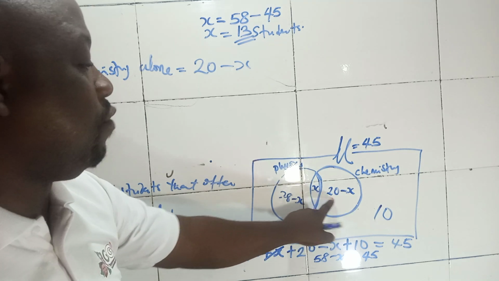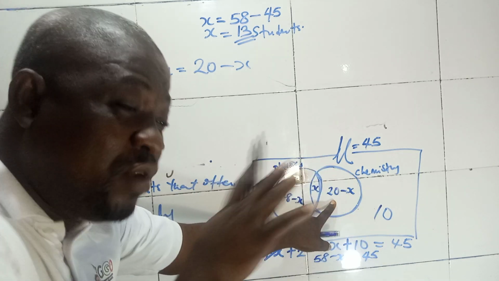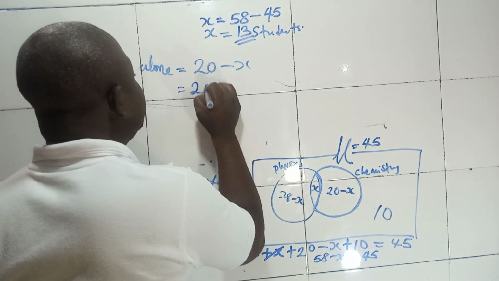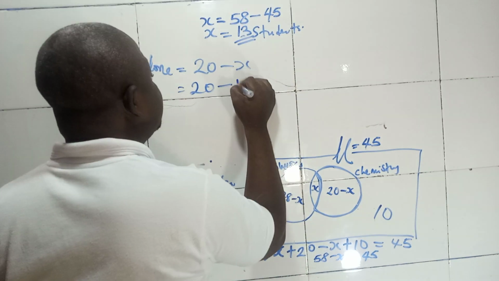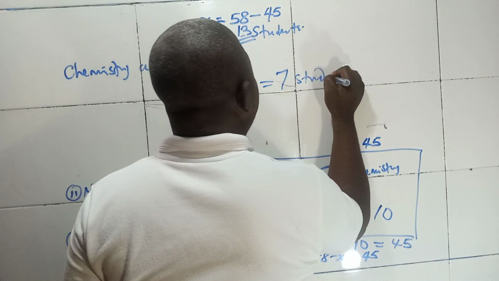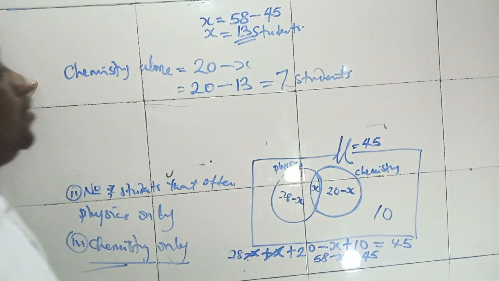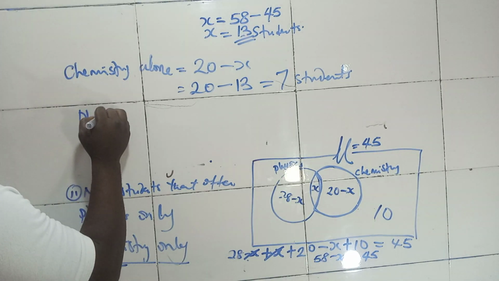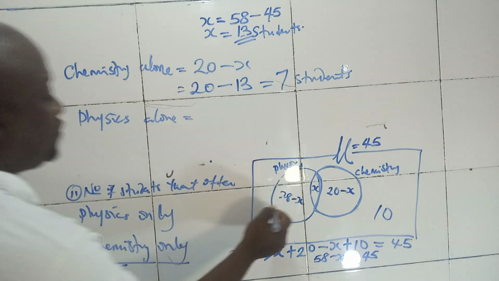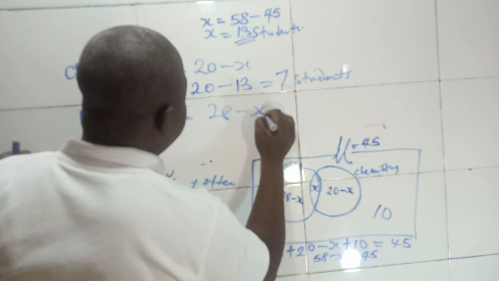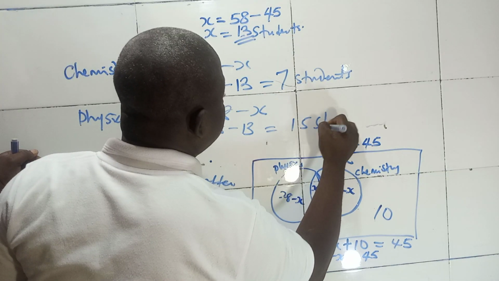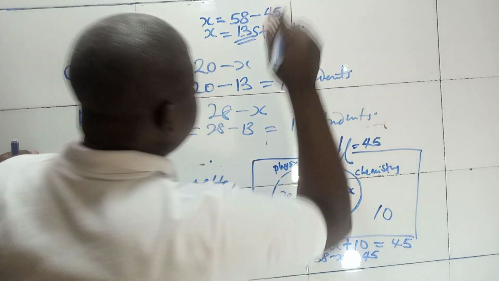So you have to remove that one to get those that did only chemistry without physics. So this is now 20 minus, what's our x? 13. So only 7 students offered chemistry alone. If I say physics alone, what is physics alone? 28 minus x, and that will be what? 28 minus 13. That is what? 15 students. This is very simple.